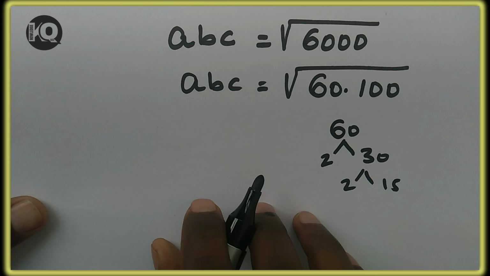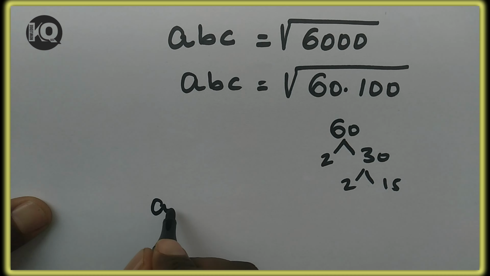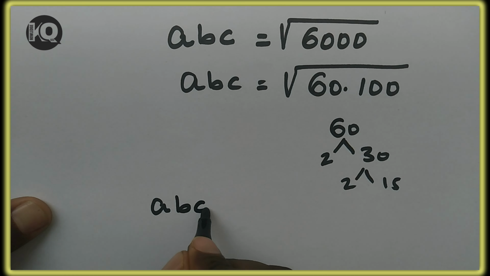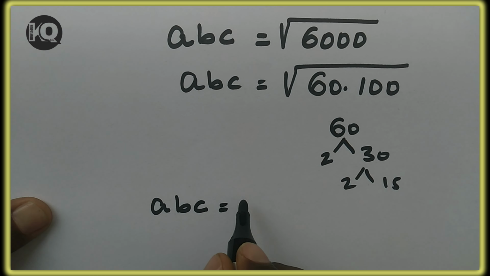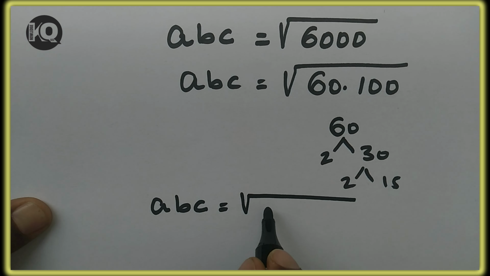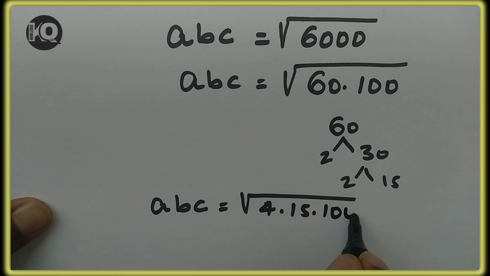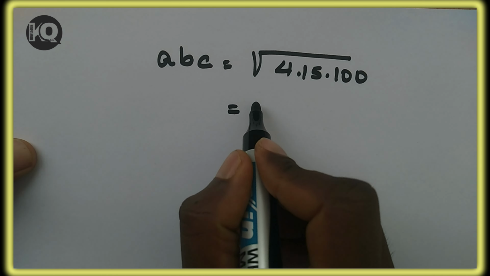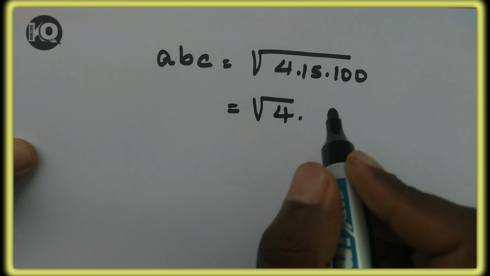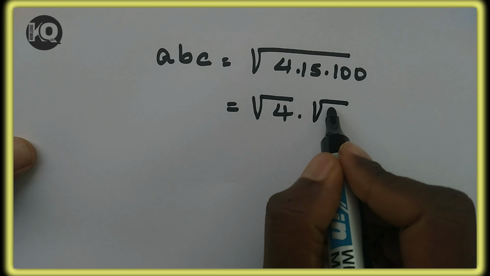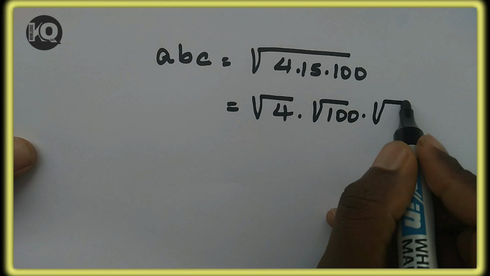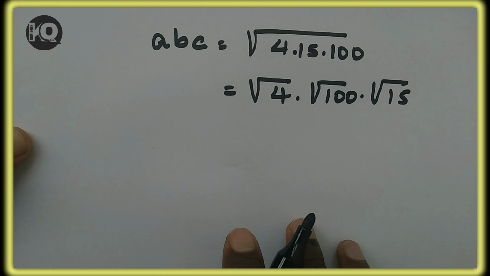So this A times B times C will be the square root of 4 times 15 times 100. So it will be square root of 4 times the square root of 100 times the square root of 15.